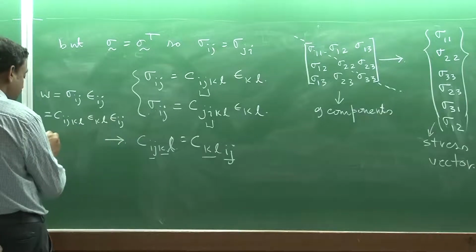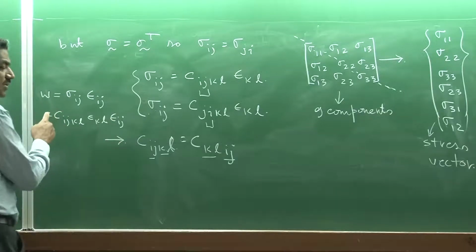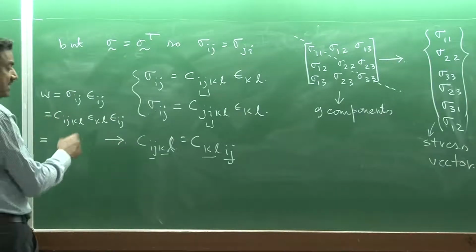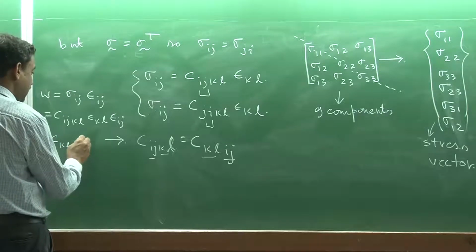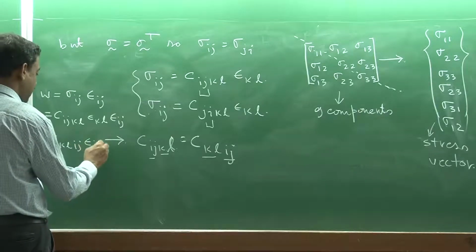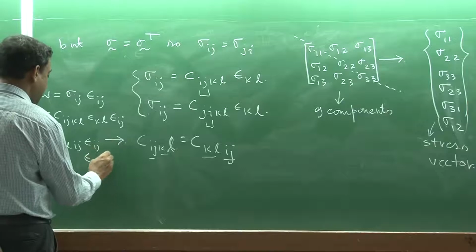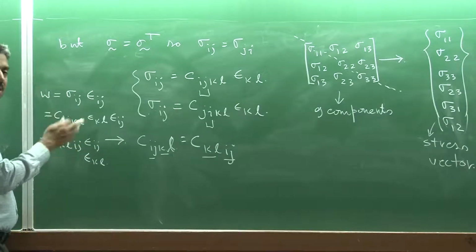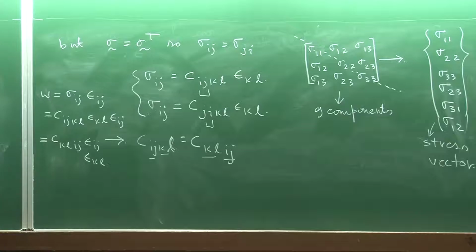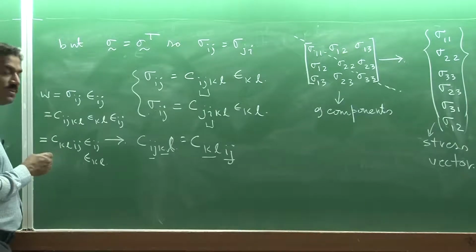Now, this work done should be irrespective of these indices, right. So, here you can write C_klij epsilon_ij epsilon_kl, you see that. So, the reciprocal theorem is nothing but another manifestation of the energy conservation principle, right.